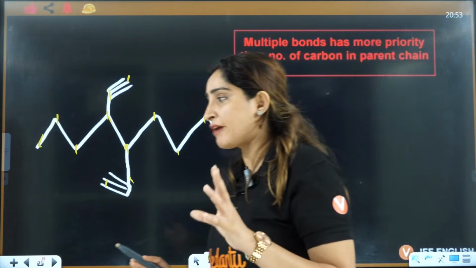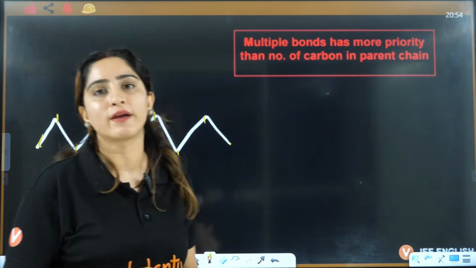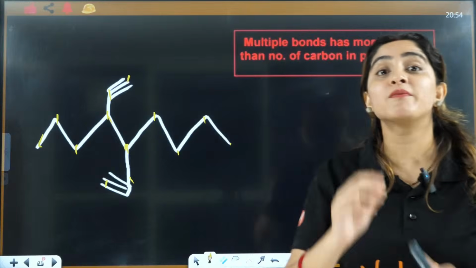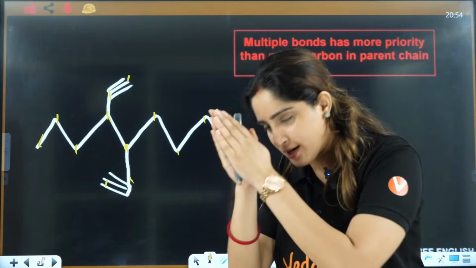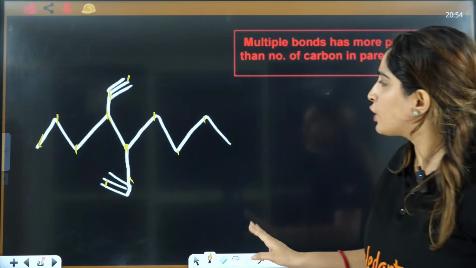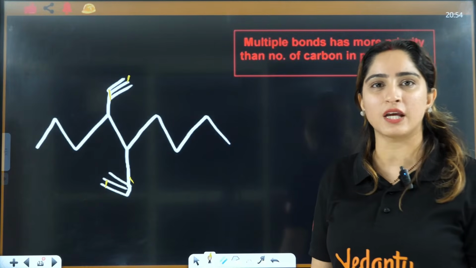Now which one will you prefer? Multiple bonds in the parent chain, or the longest chain? You will prefer multiple bonds. Multiple bonds are given full respect. You will say, ignore this longest chain, I don't want it.